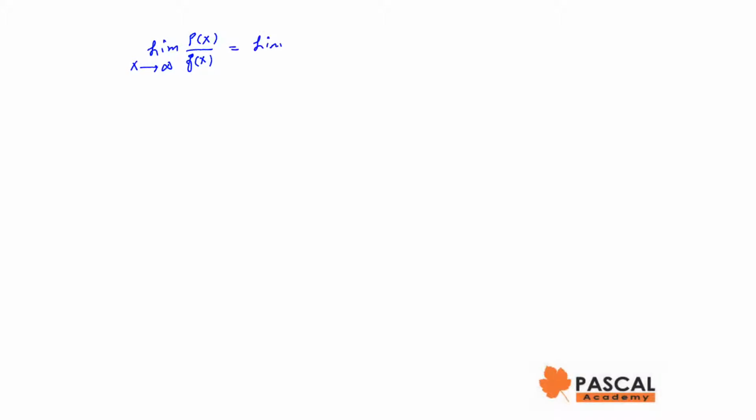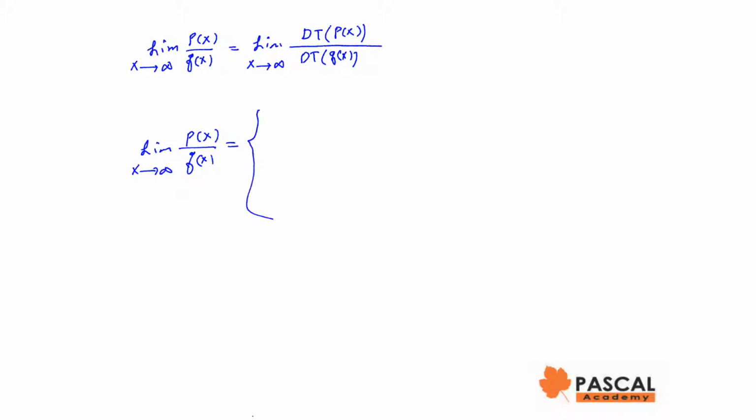It is the same as limit of the dominant term of p of x divided by the dominant term of q of x as x approaches infinity. Usually when we find the limit of p of x over q of x as x approaches infinity, we use this rule.